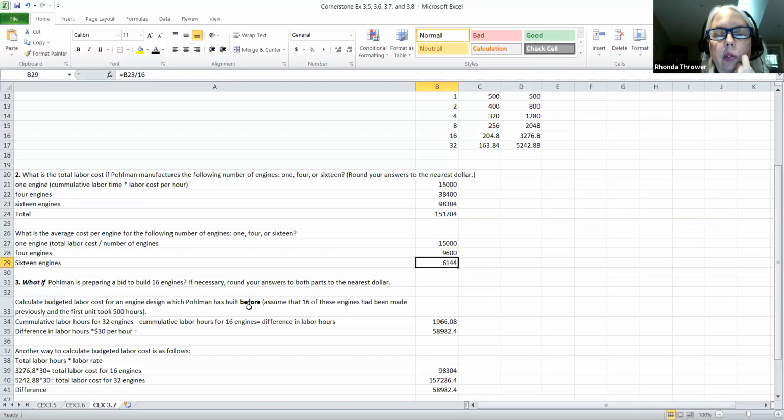So they're giving you some information that's important in solving this particular problem here. They're telling you that they built this engine before and that you are to assume that 16 of these engines had been made previously and the first engine took 5 hours. So 16 engines had been built previously and 16 engines took 3,276.8 hours to build.